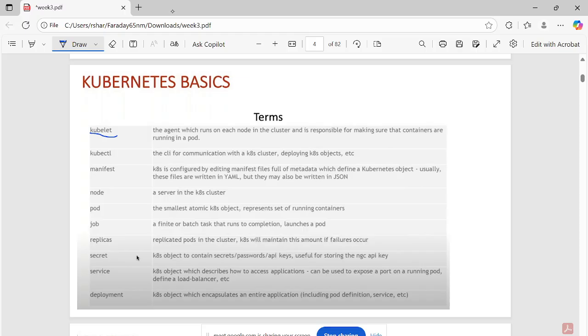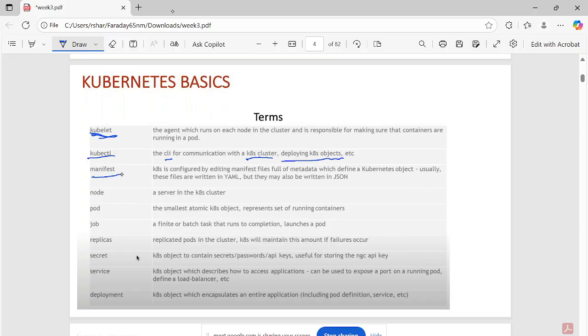So that is the kubelet. And then we have kubectl. This is for CLI communication with the K8s cluster and deploying K8s objects.